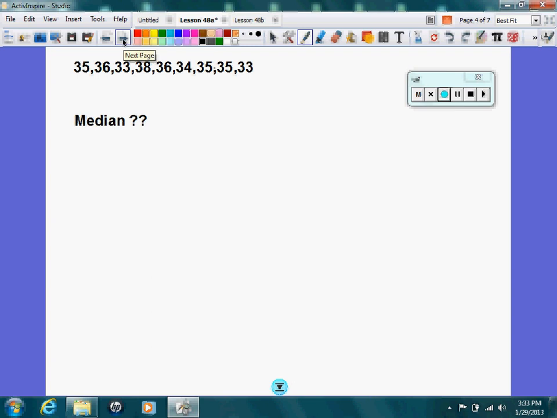What is the median? The median is the number that occurs in the middle of the set of data. What we need to do is organize these numbers in ascending order. Let's see if we can do that quickly.